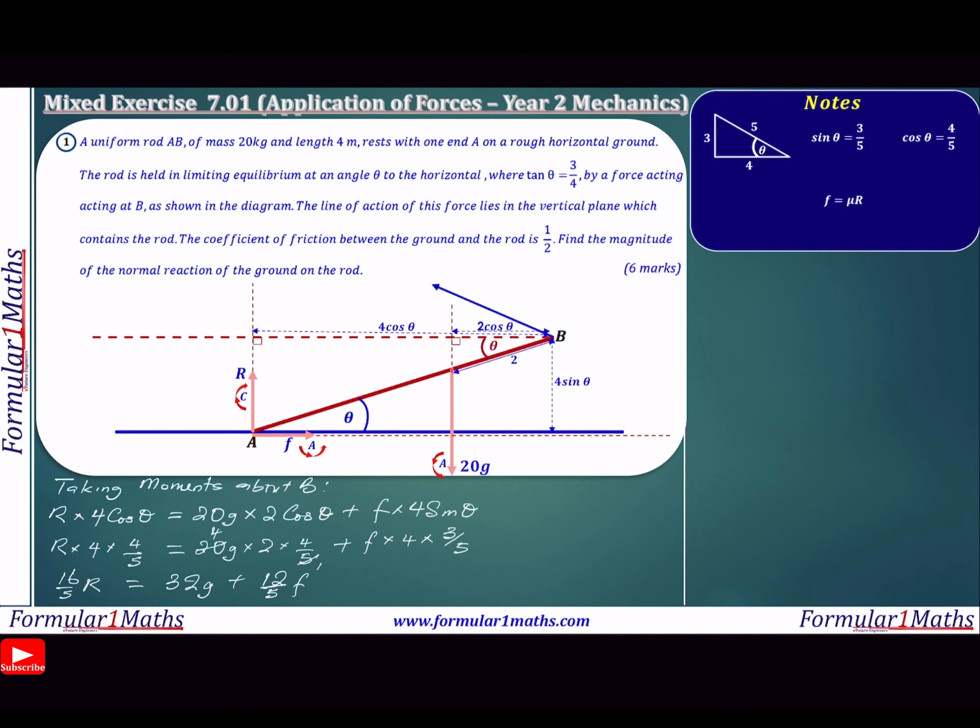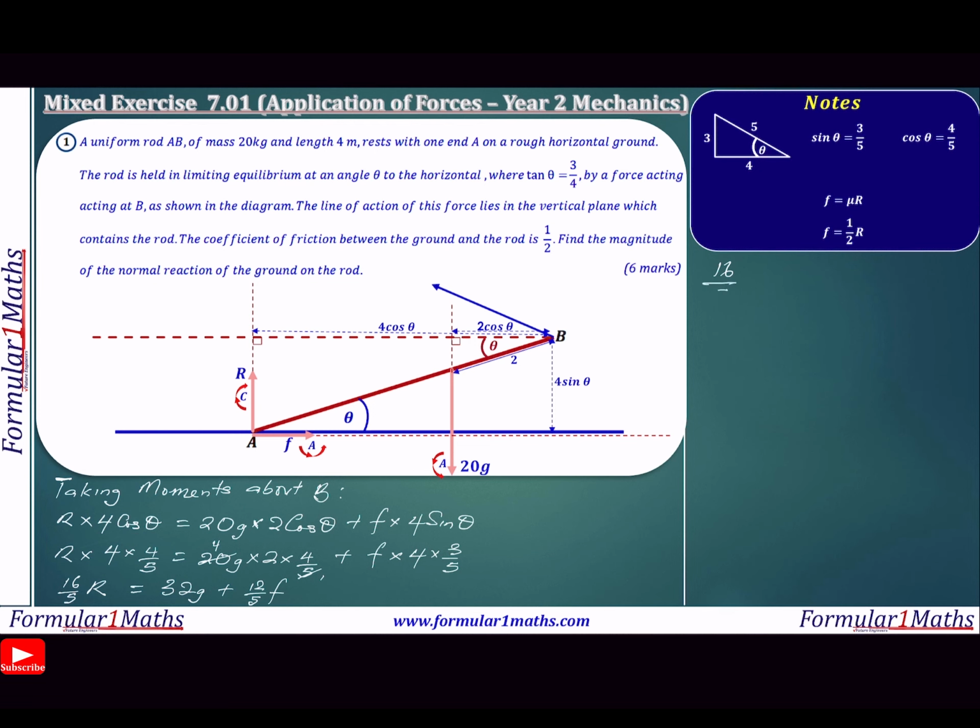So F is equal to mu R, but mu is a half, and that means F is half times R. So I can replace F in this equation with half R. If I do that, I'm going to get 16 over 5 R is equal to 32 G plus 12 over 5 times half R. Now, 2 goes here, 1, and 2 goes to 6.